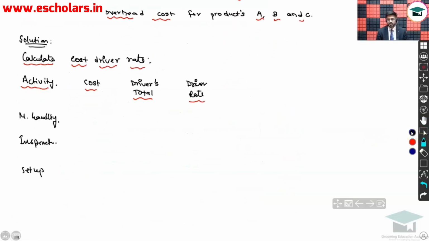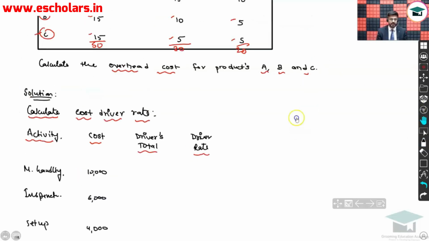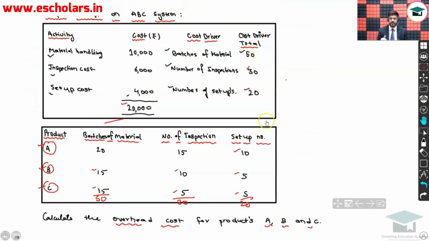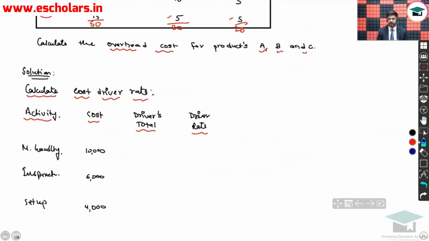What was the driver total? The driver's total was 50, 30 and 20. If you want, you can add one more column with the name of the driver: the batches of material, the number of inspections, number of setups. So driver's total is 50, 30 and 20.